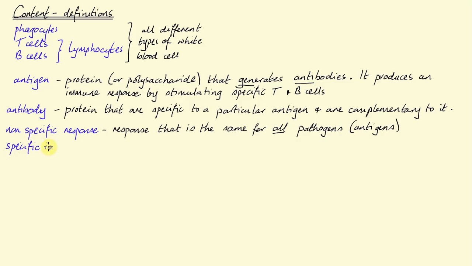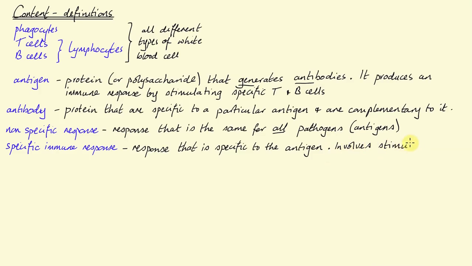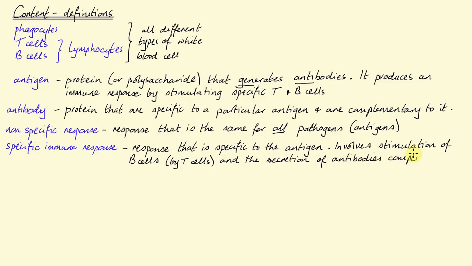Whereas the specific immune response is a response that is specific to that particular antigen on the pathogen. And it's as a result of stimulation of T and B cells and the secretion of antibodies. And those antibodies are complementary to the antigen.